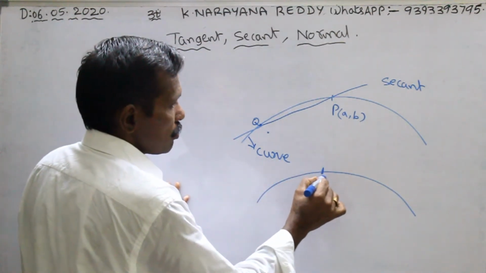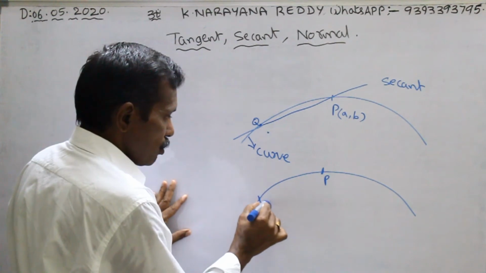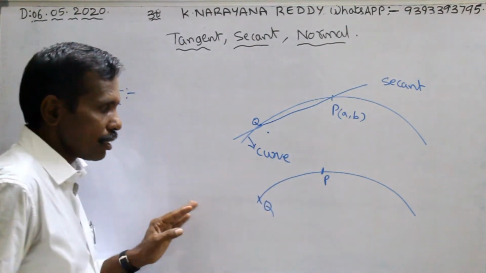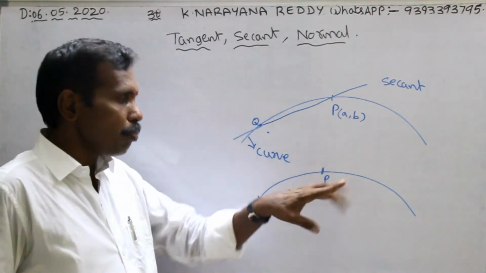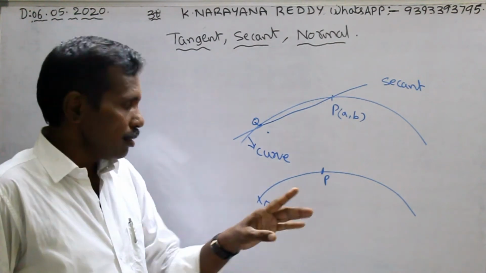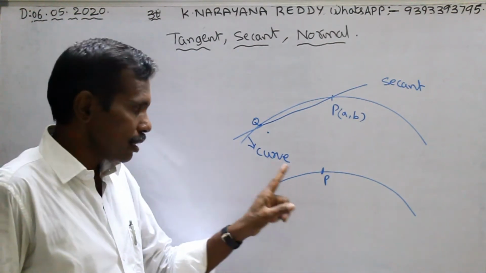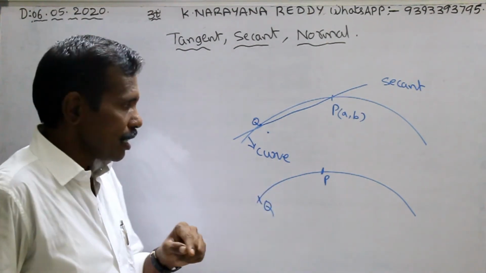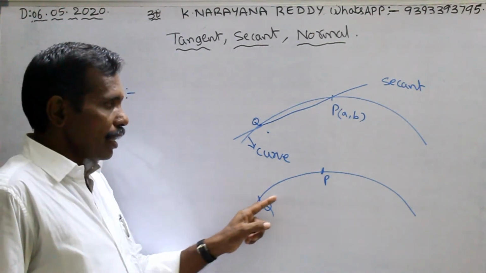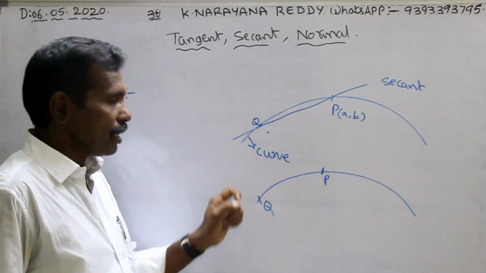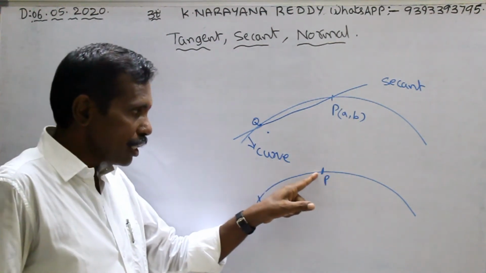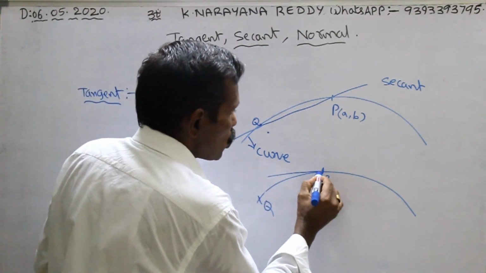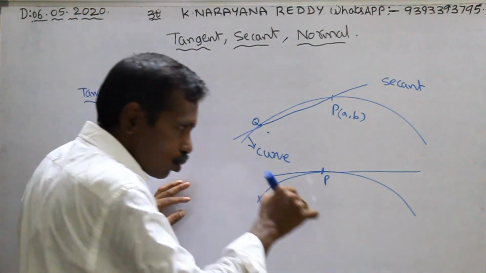Suppose this is a point P and here is a point Q. When this point Q reaches P, that point definitely goes through the curve. That point definitely goes this path only. That path is the curve. Yes or not? That point didn't go another way, another path, but definitely goes through the path to reach P.